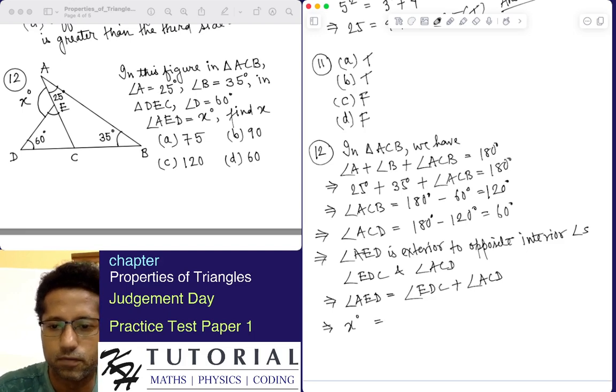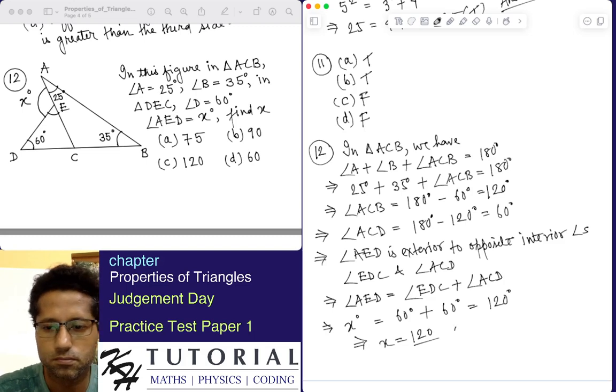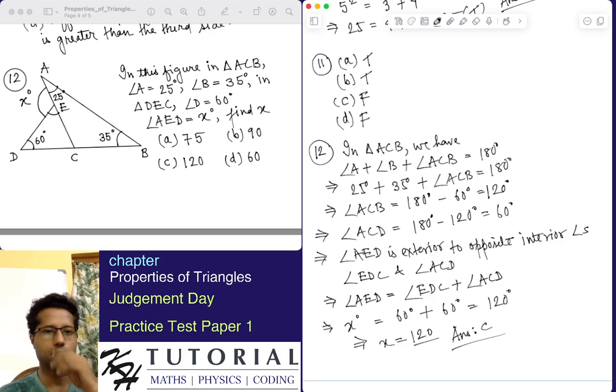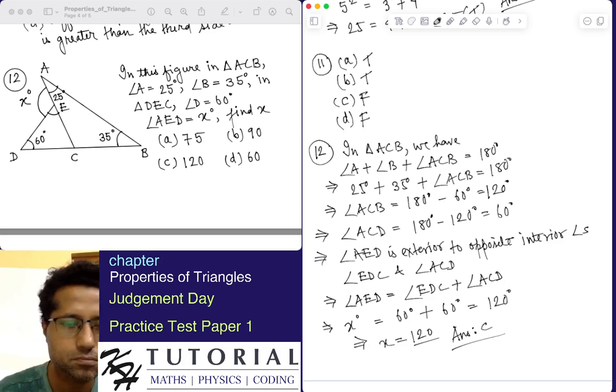So x degrees is equal to angle EDC, which is given to be 60 degrees, plus angle ACD, which I have found to be 60 degrees. So this is 120 degrees. So x equals 120. So the answer is choice C.